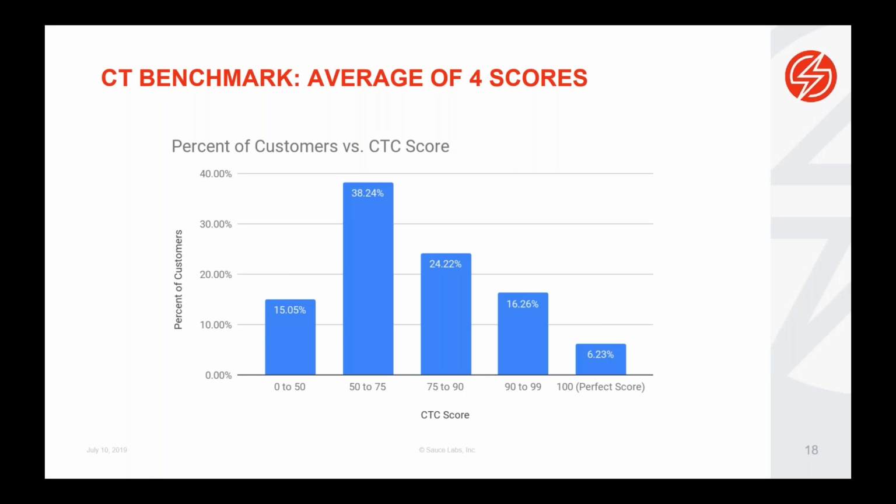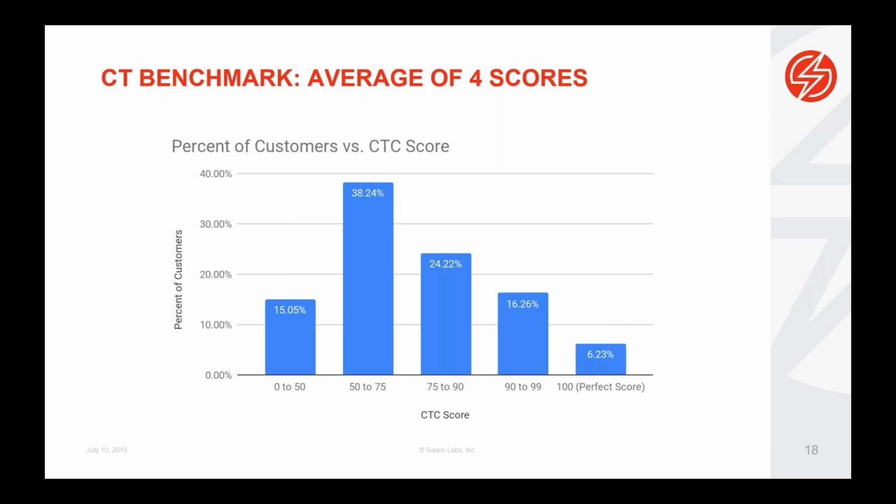Every one of those components, you stick the metric that it's based on into those sliding scales that we saw. You come out with your index score for each of those components, 0 to 100, and then we take the simple average of those, and that's the continuous testing benchmark overall score. This shows the breakdown of our customer base on this score, and it shows that this is definitely a benchmark based on best practices.